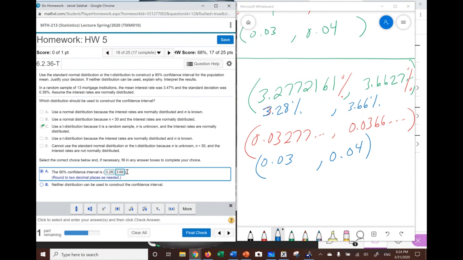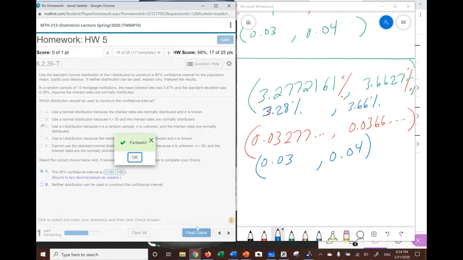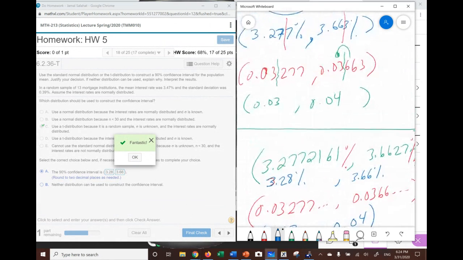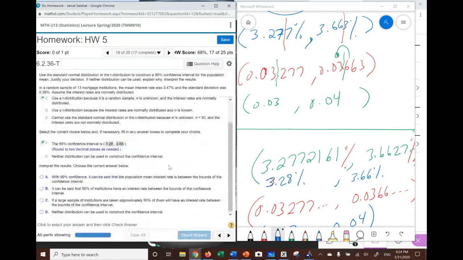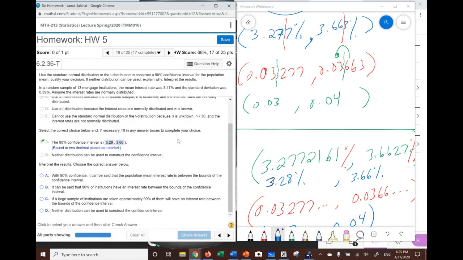If this will not take that, then oh, it took the first one. I don't know, did I make a mistake earlier? Let me see. 3.66 and 3.28. I don't know why it didn't work. It should have worked the first time. Anyhow, let's wrap up this problem.